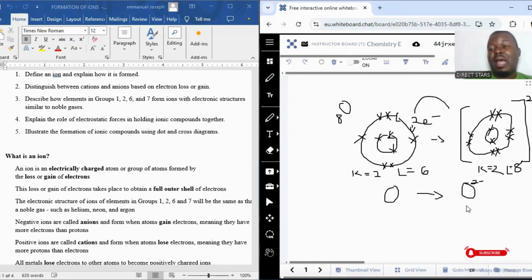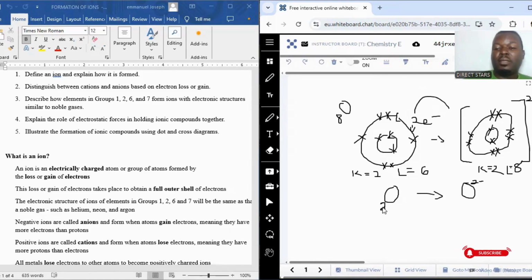If you will recall in our previous videos when we treated atomic structure, we were able to tell the number of protons, neutrons, electrons in an atom. This topic will also help us to tell the number of protons, neutrons, and electrons in a cation or anion.